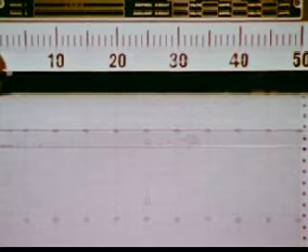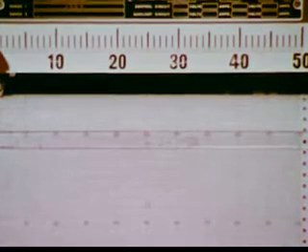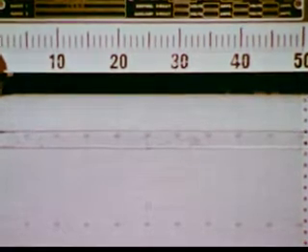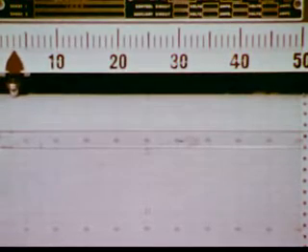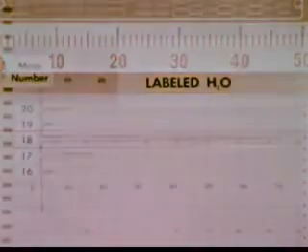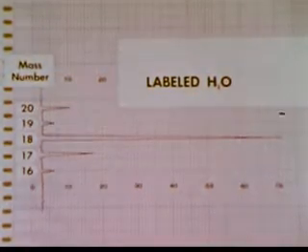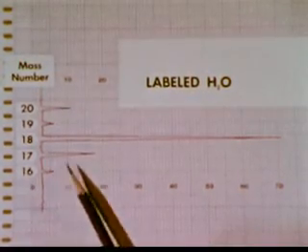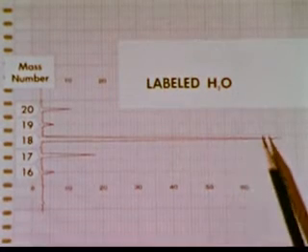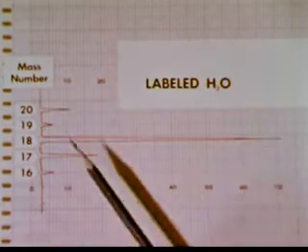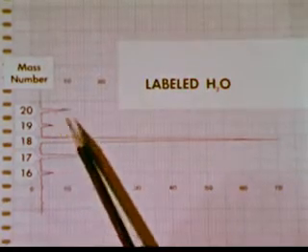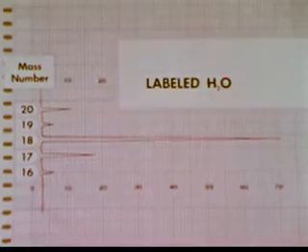But look, here's something else at mass 19. And again something else at mass 20. Comparison of the peak heights due to the ions containing oxygen 16 with the smaller peaks due to oxygen 18 ions confirms that the sample of water indeed contains 10% oxygen 18.